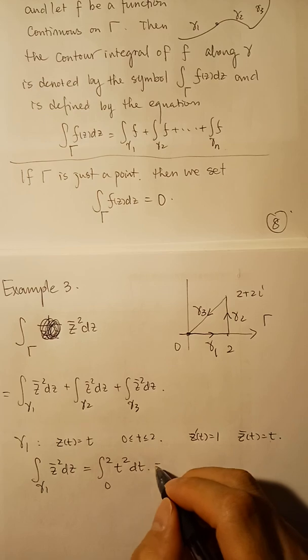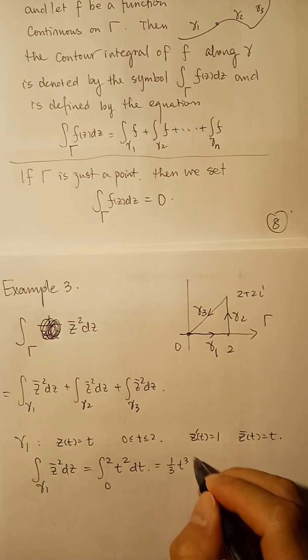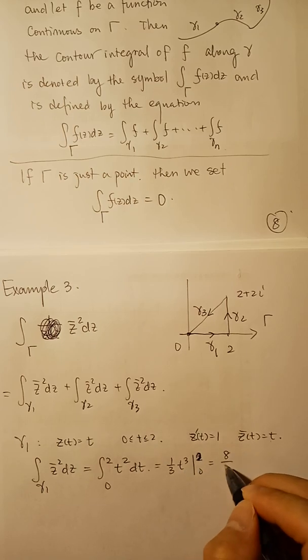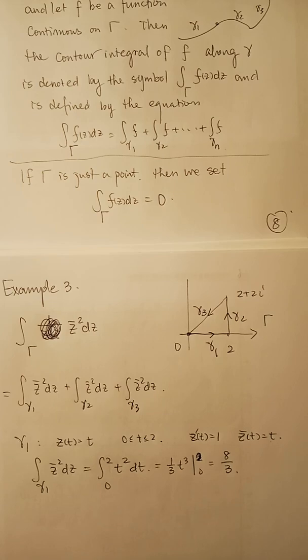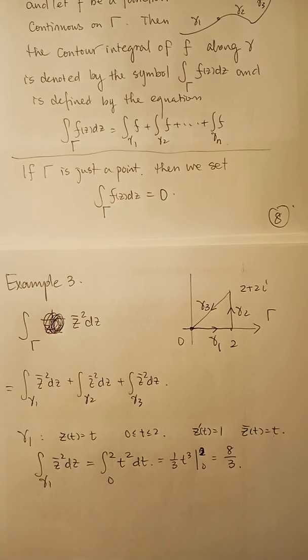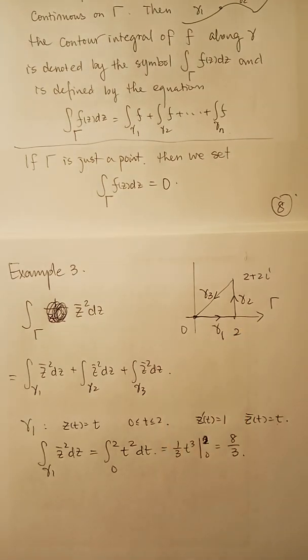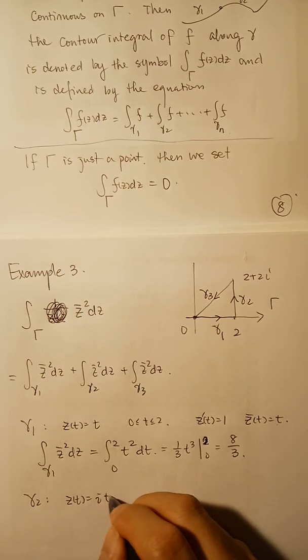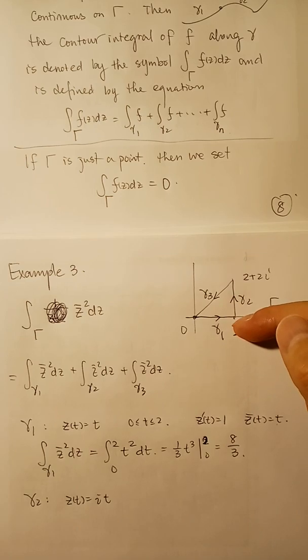The antiderivative is one third t cubed from 0 to 2. At t equals 2 it is 8 over 3, and at t equals 0 it is 0. So we computed the first part: 8 over 3. It's simple real calculus. And over gamma 2, gamma 2 is vertical. z of t is i times t, with t from 0 to 2.